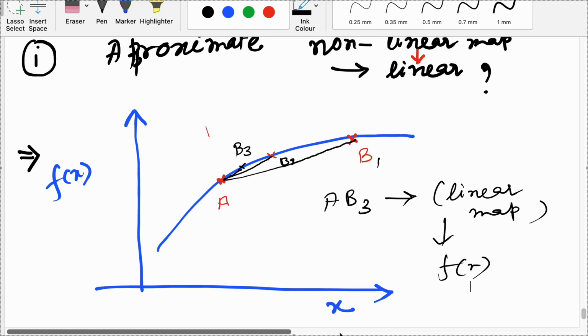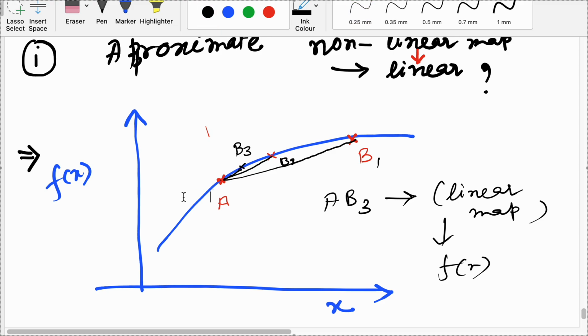So from this we have an idea that if I decrease the distance between A and B3, and at the point where the distance is nearly 0, the behavior of the straight line and the behavior of this nonlinear map will be exact.